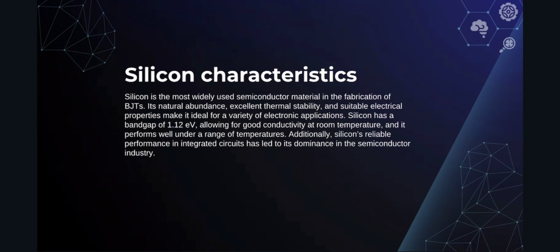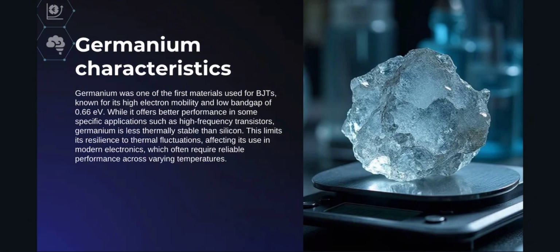Silicon has a band gap of 1.12 eV, allowing for good conductivity at room temperature, and it performs well under a range of temperature. Additionally, silicon's reliable performance in integrated circuit has led to its dominance in the semiconductor industry.